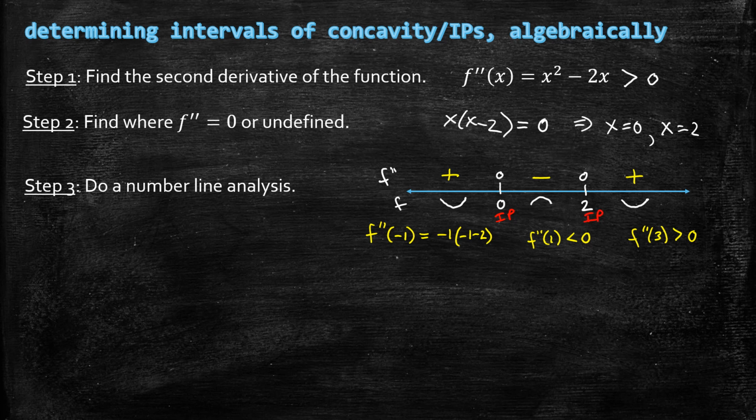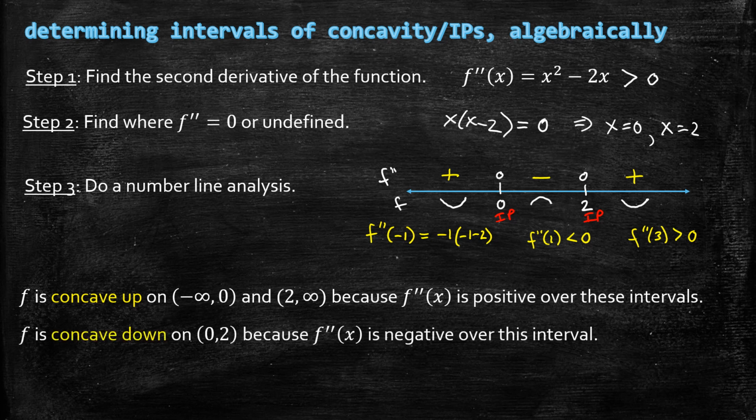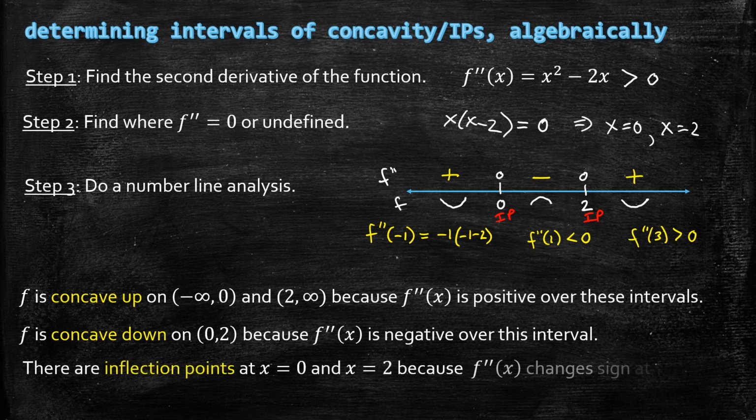And you are often asked to justify your responses to questions that ask for concavity, etc. So you would say f is concave up on those intervals because f double prime is positive over these intervals. You'd say f is concave down on 0, 2 because, of course, f double prime is negative over this interval. And finally, you'd identify the inflection points at 0 and 2 because f double prime changes sign at these values.